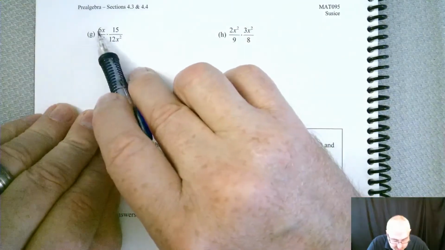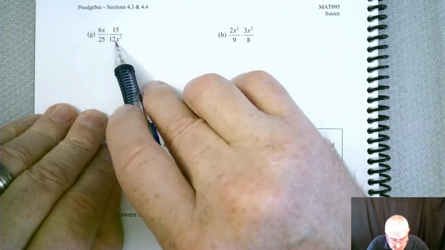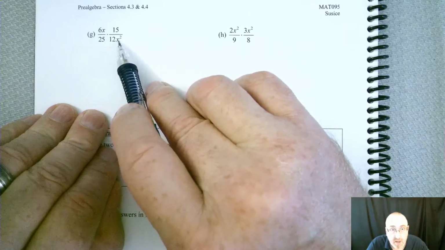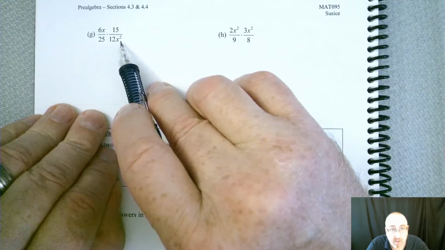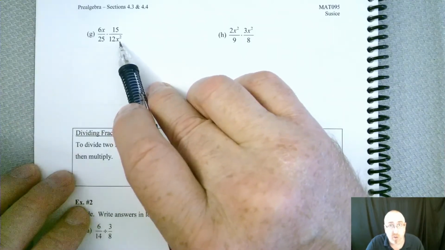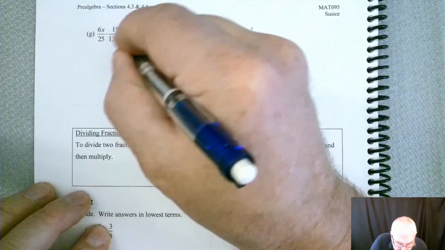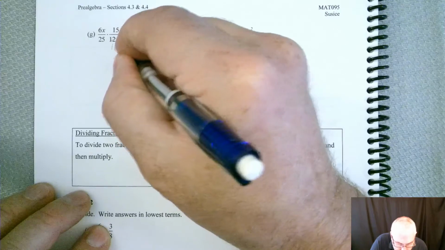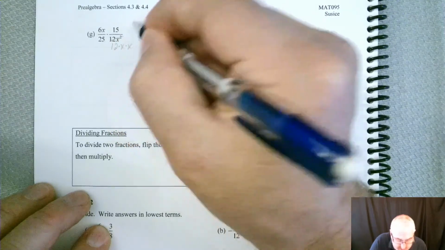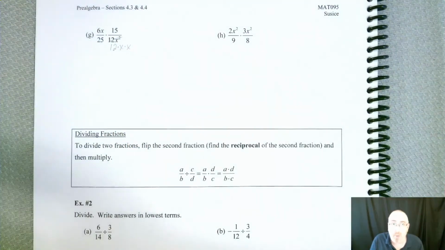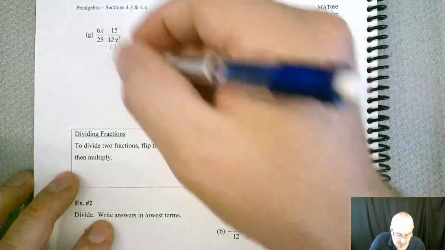All right, so we got 6x over 25, 15 over 12x to the second power. Now we want to be careful because those exponents, we want to make sure we interpret those correctly. So what I would do is I would just rewrite this as 12 times x times x, because now we can see that one of those x's is going to go away.